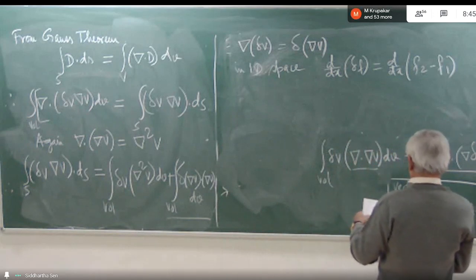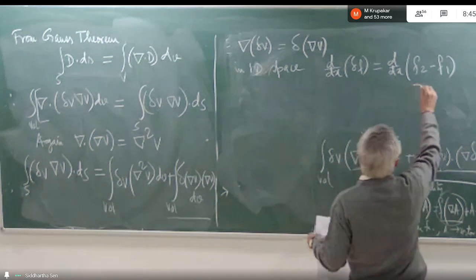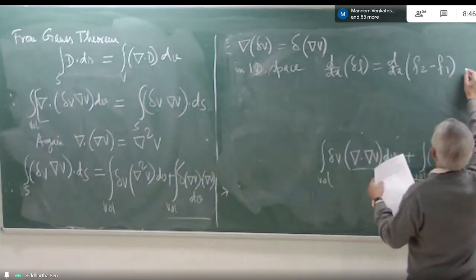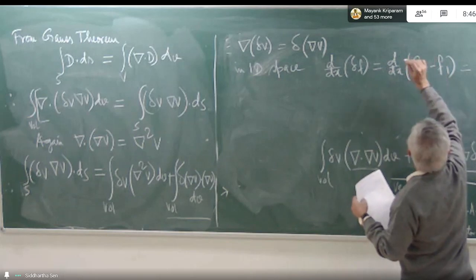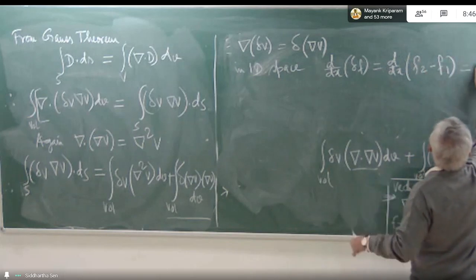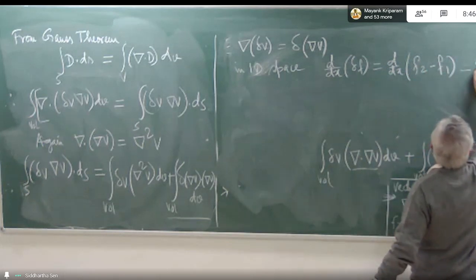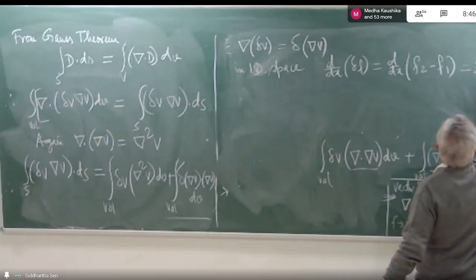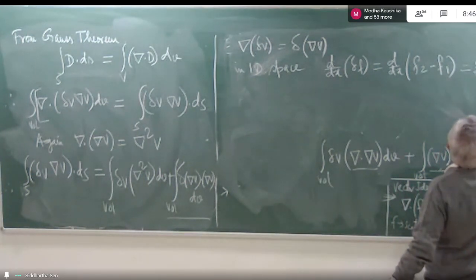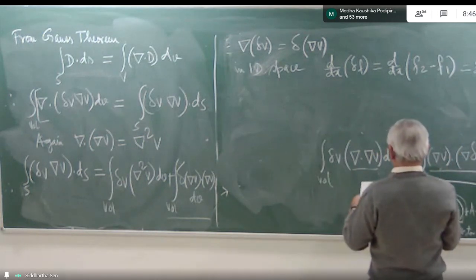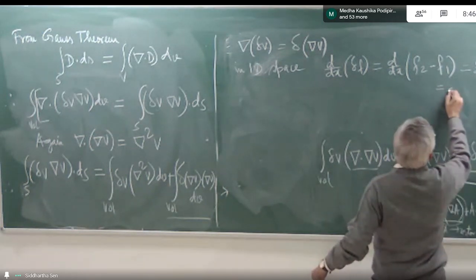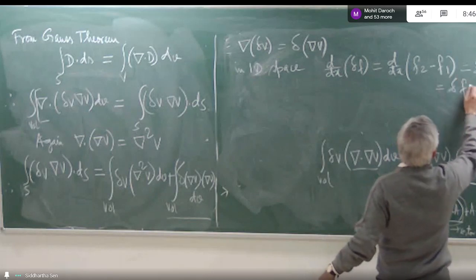So it is d/dx of f2 minus d/dx of f1, which is basically delta of f dash x.